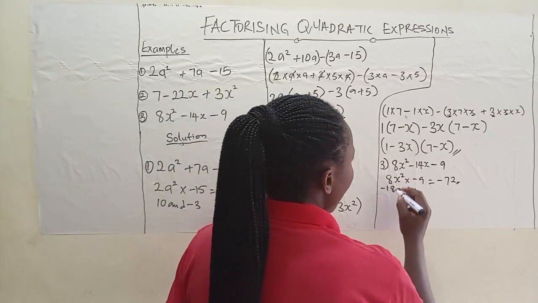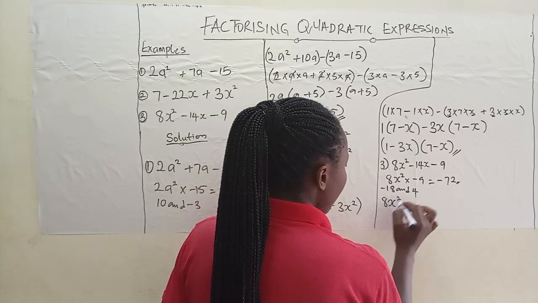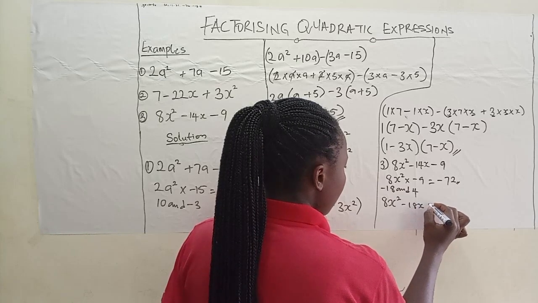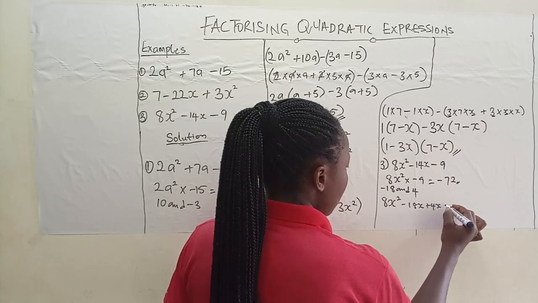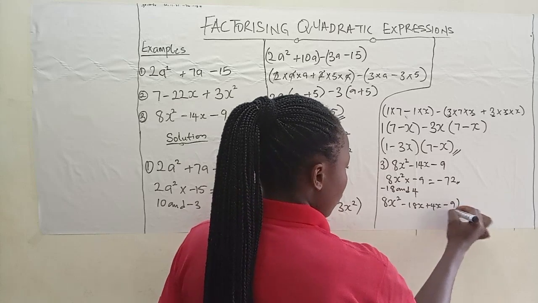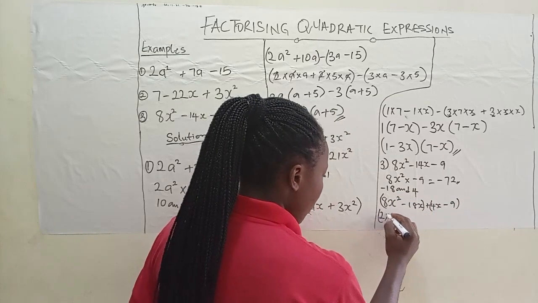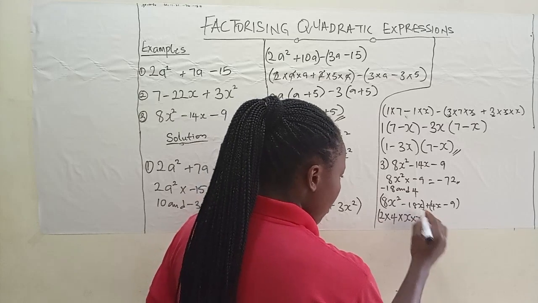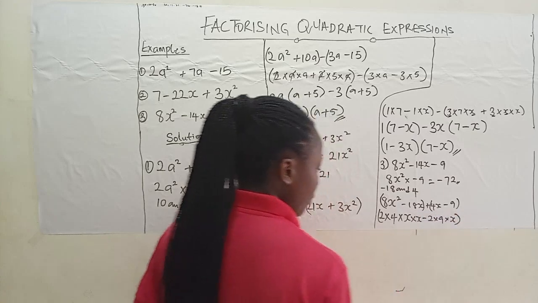We're going to have 8x squared minus 18x plus 4x minus 9. Grouping them, 2 times 4 times x minus 2 times 9 times x.